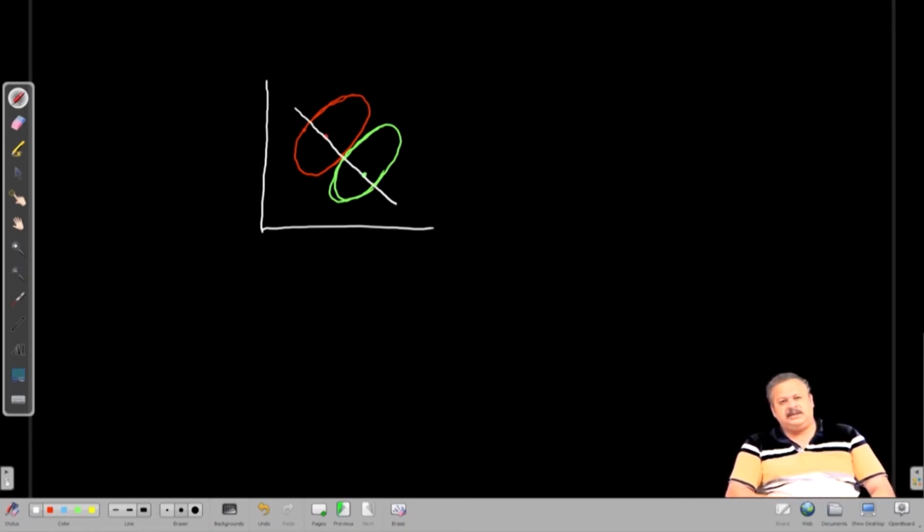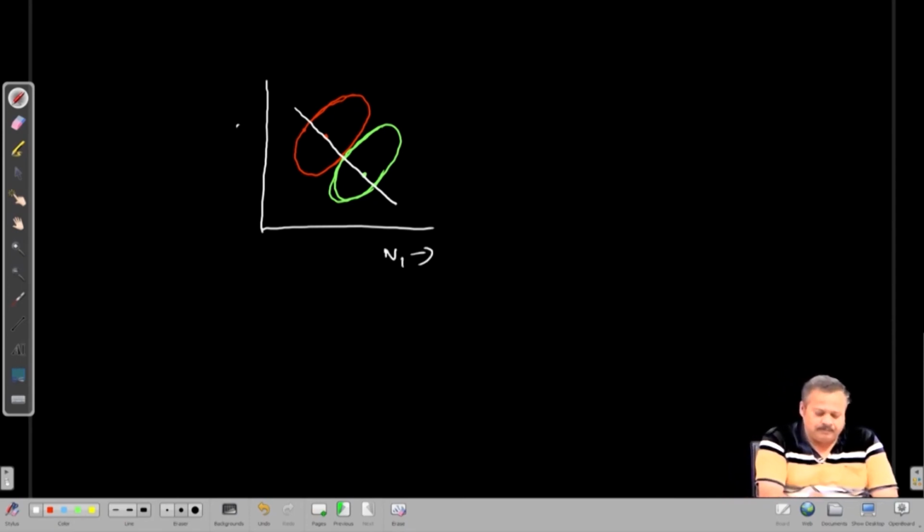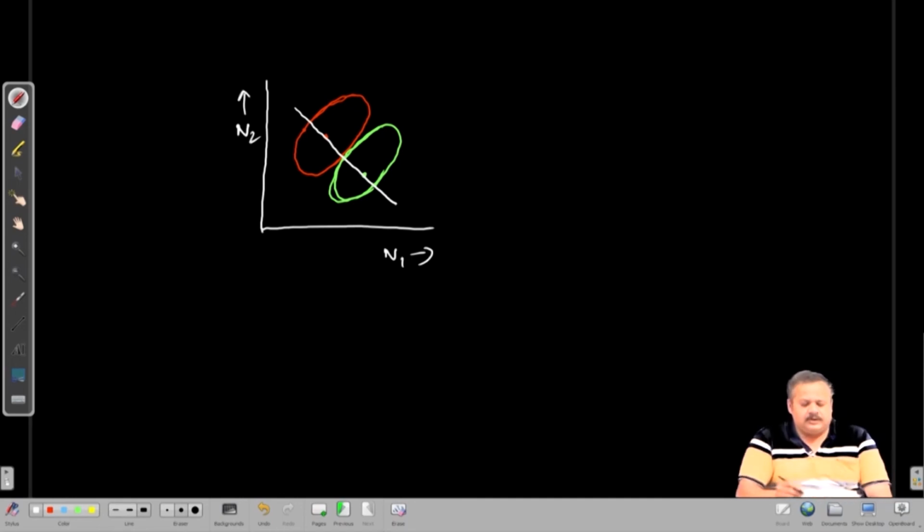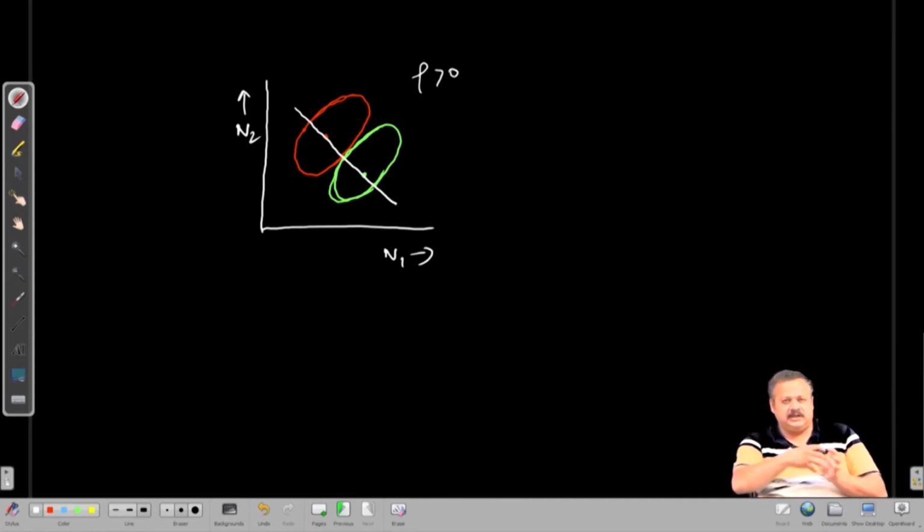That is, the mean responses are changing in an opposite manner between neuron 1 and neuron 2. But we have rho greater than 0. We have positive noise correlations, and that is why we have the elliptical spread of response pairs around the mean, both in the green and the red case, S1 and S2.